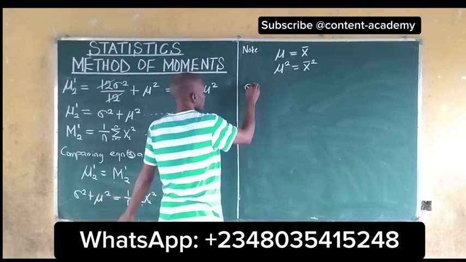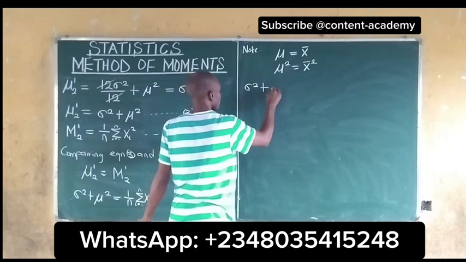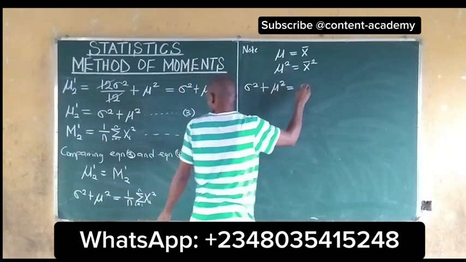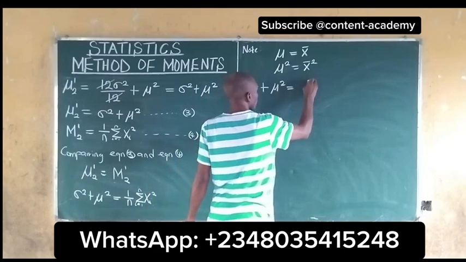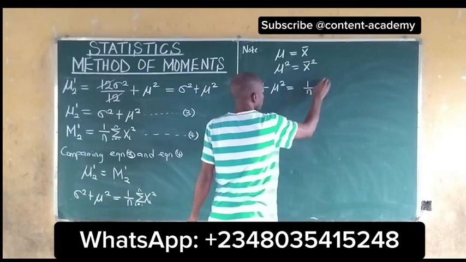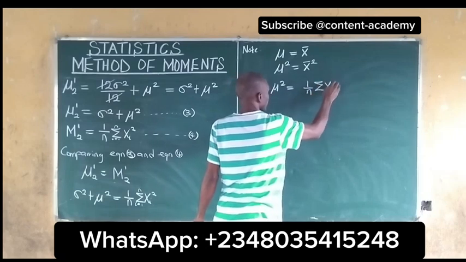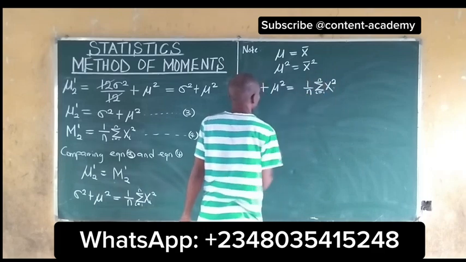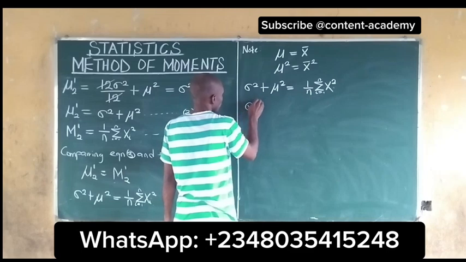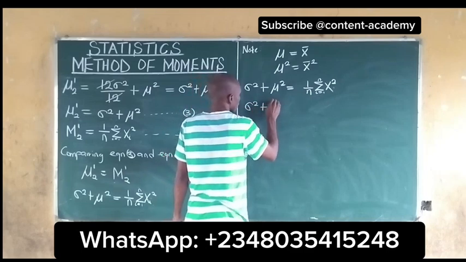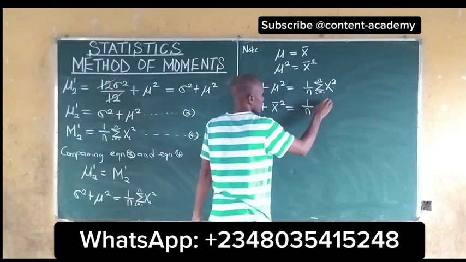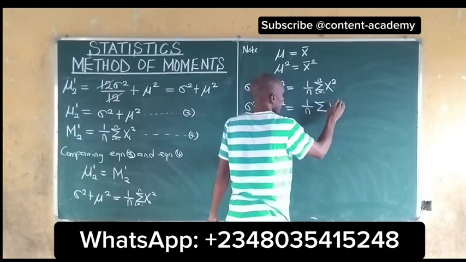Meaning if we have sigma squared plus mu squared equal to 1 all over n summation of xi squared as i running from 1 to n, we can write this to be equal to x bar squared to be equal to 1 all over n summation of xi squared.